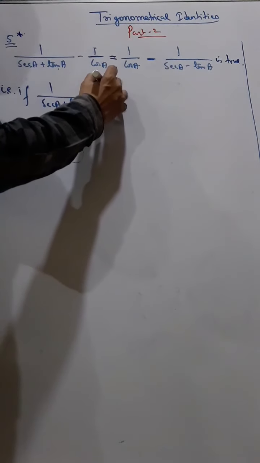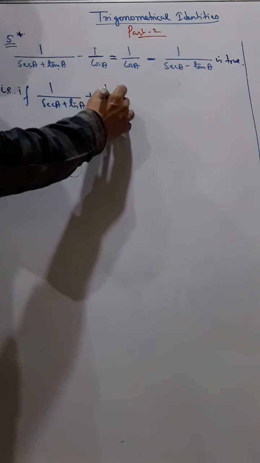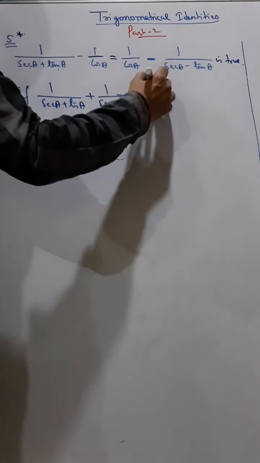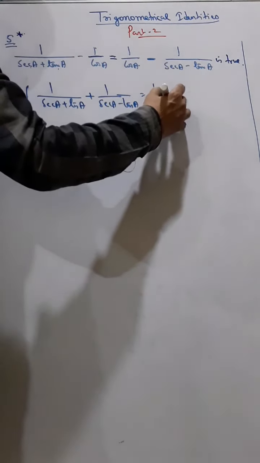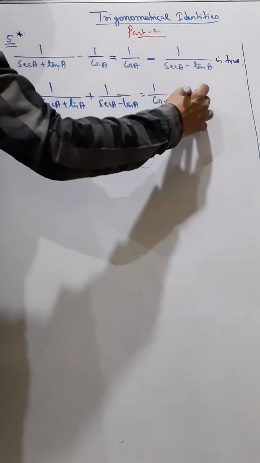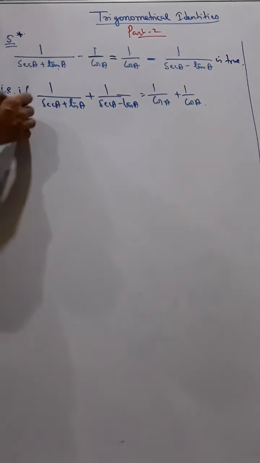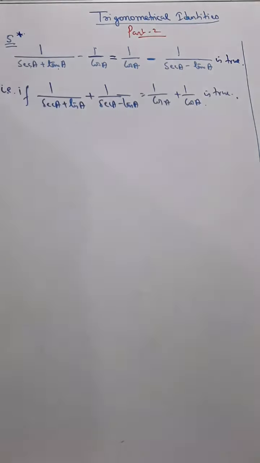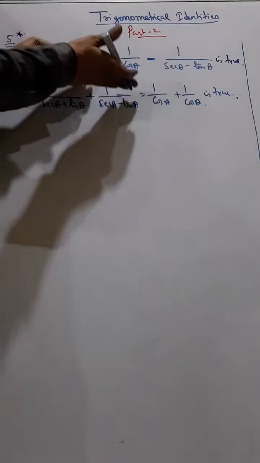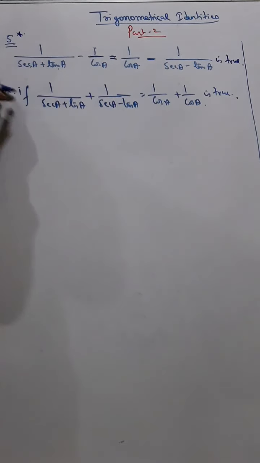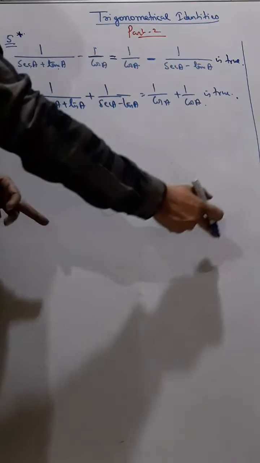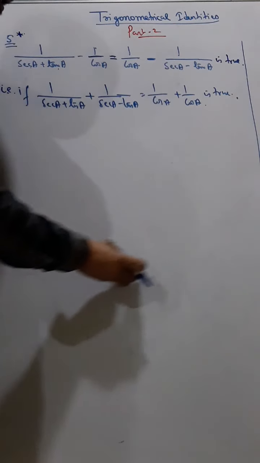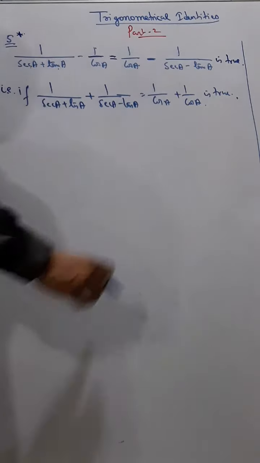Now this becomes plus 1 by sec a minus tan a is equal to 1 by cos a plus 1 by cos a. So we will continue, it is true. So that means this is also true then. So what we will do, we will continue to solve this sum by writing that if it is true, and at last what we will get? We will get that left hand side value and the right hand side value will become similar.